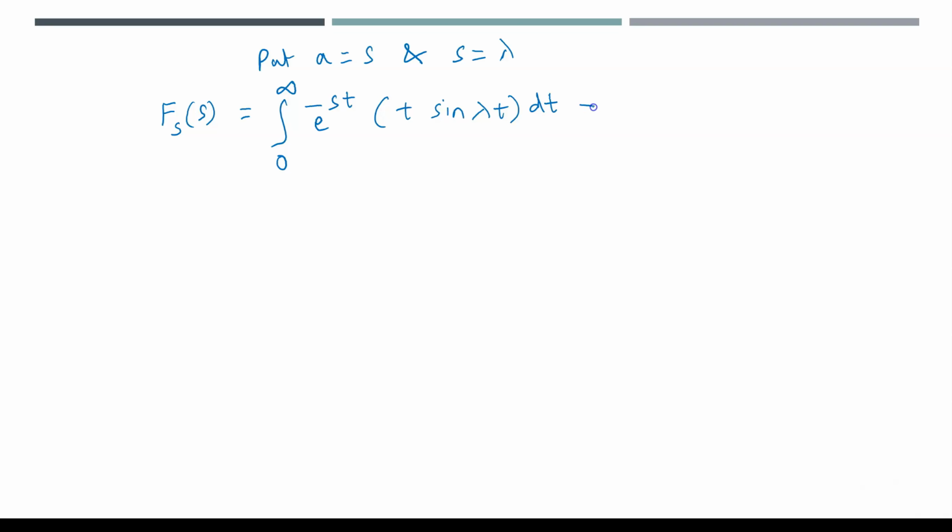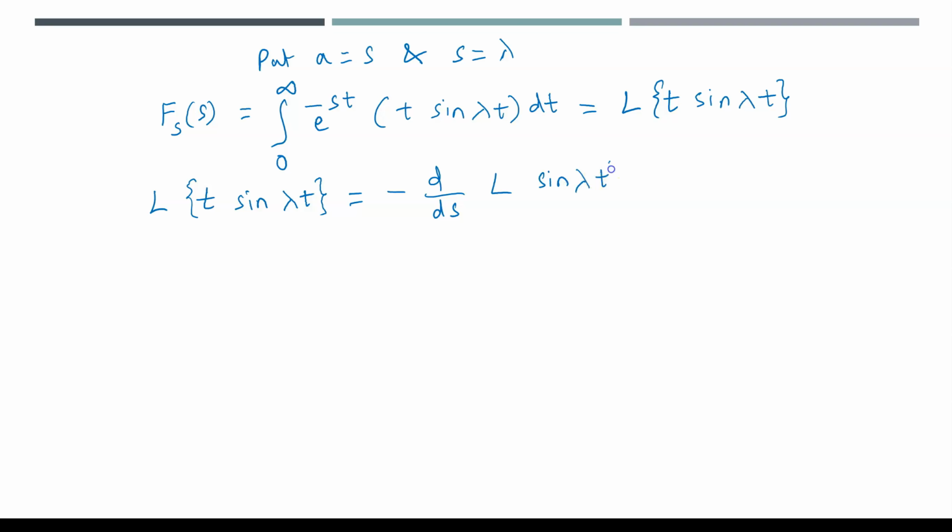As usual, according to the definition of Laplace transform, this can be written as Laplace transform of t into sin lambda t. Again, Laplace transform of t into sin lambda t equals minus d by ds of Laplace transform of sin lambda t. We have seen these formulae while finding the Fourier cosine transform.